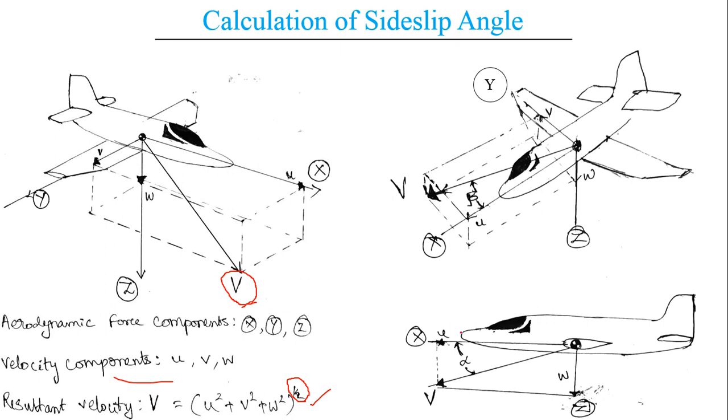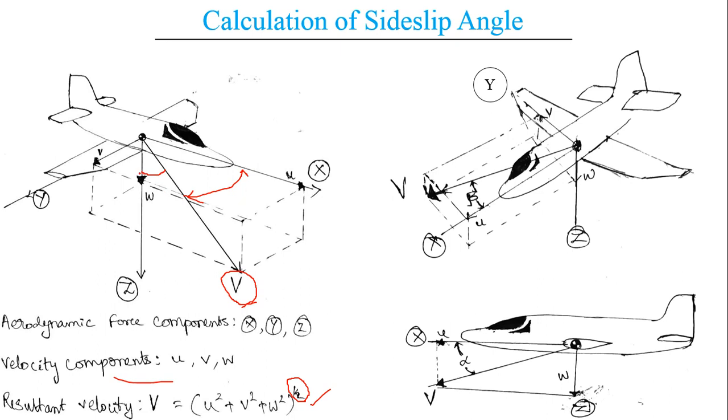We can see that now there are two angles which are being formed. There is some angular deflection with the u, so this is the angular deflection between u and V, and there is also an angular deflection between V and w.